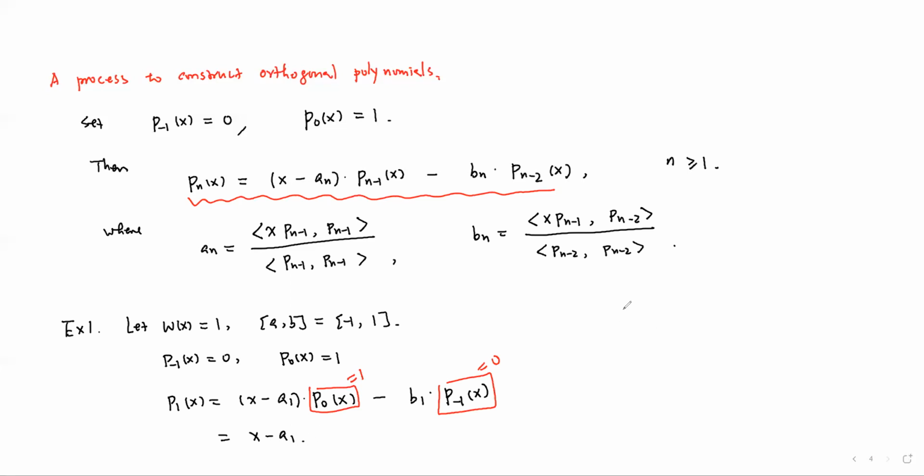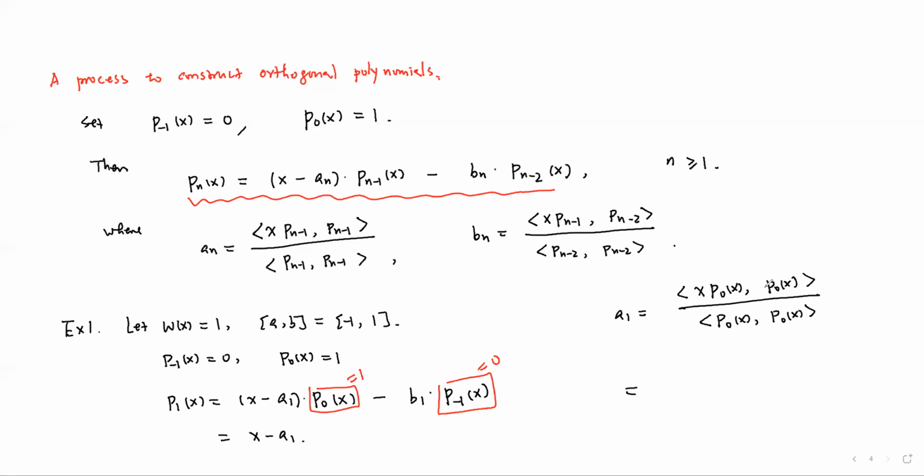Now let me compute A1. By the formula here, it is the inner product of x times P0 with P0, over the inner product of P0 with P0. The inner product is an integral.